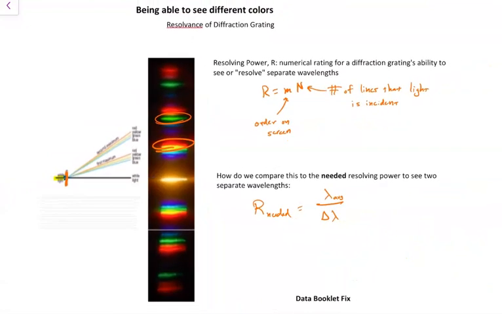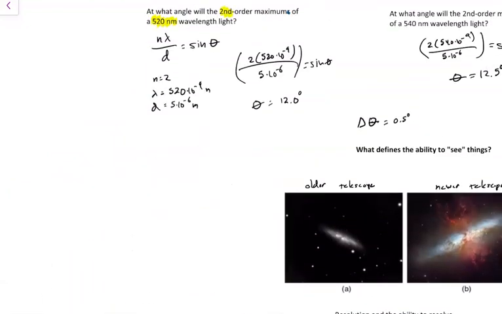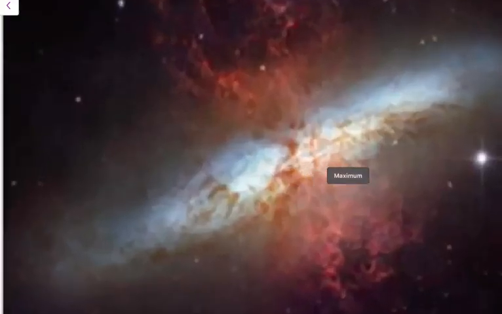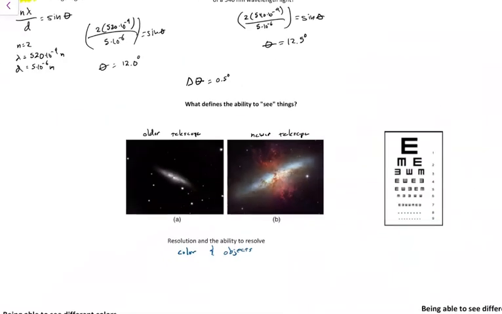That's how we resolve different colors. That's why when we look at this image, by looking at different orders available and increasing the amount of lines per millimeter, we're able to actually observe these differences in these colors in this image. And the stronger we are, the more we can actually observe different wavelengths that we're looking at.